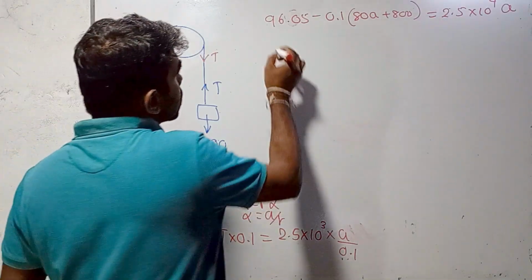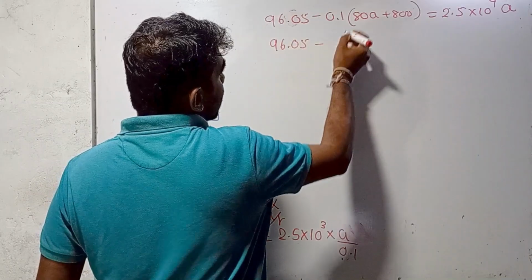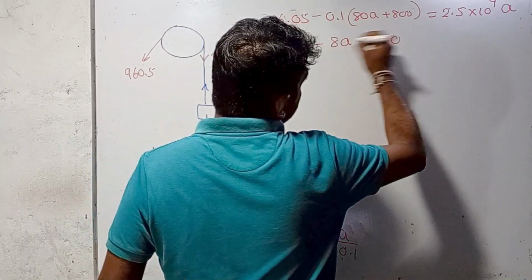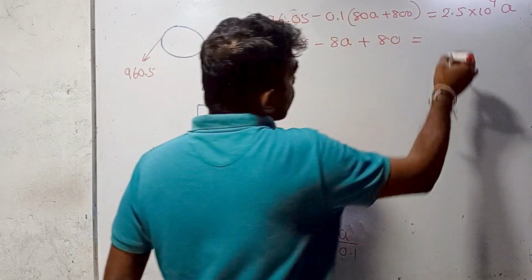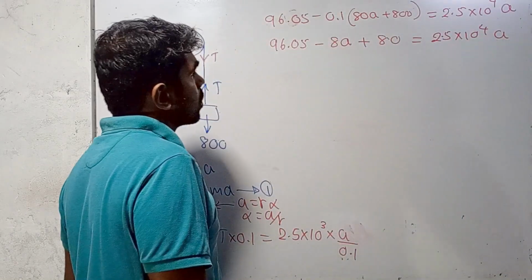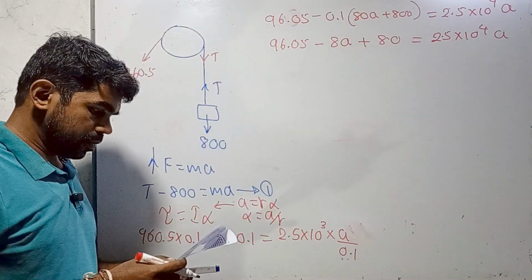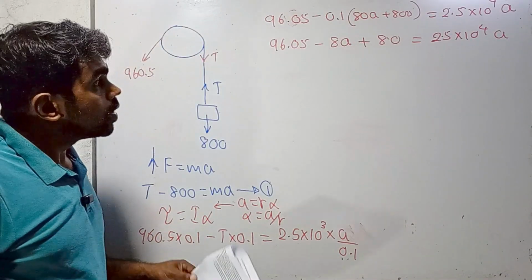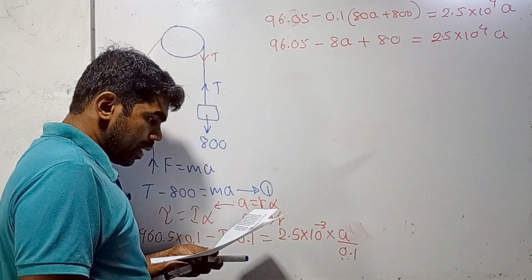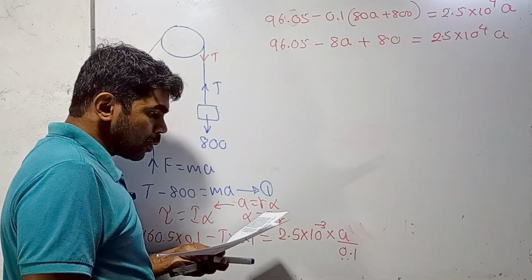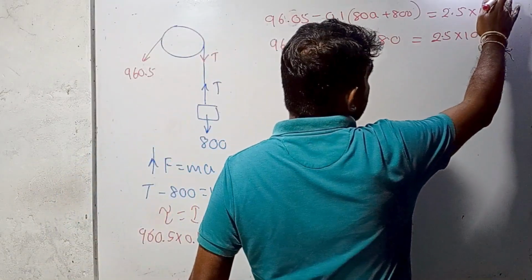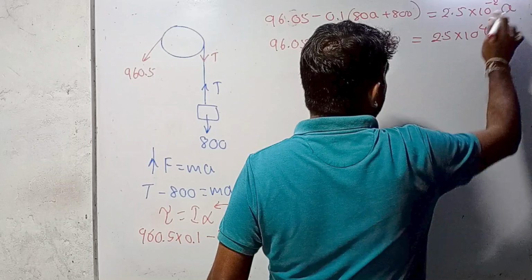I will remove brackets. 96.05 minus 0.1 into (80 a plus 800) equals 2.5 into 10 to the power minus 3 divided by 0.1, which is 10 to the power minus 2 a.